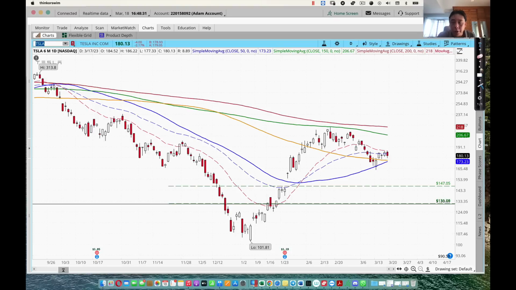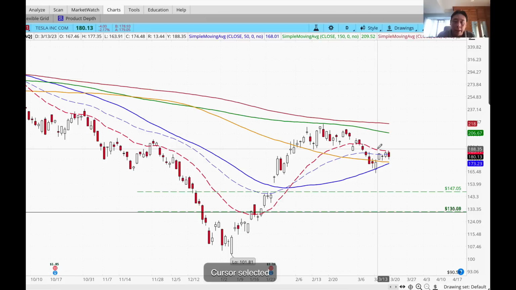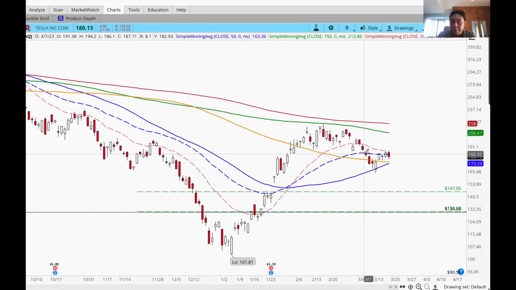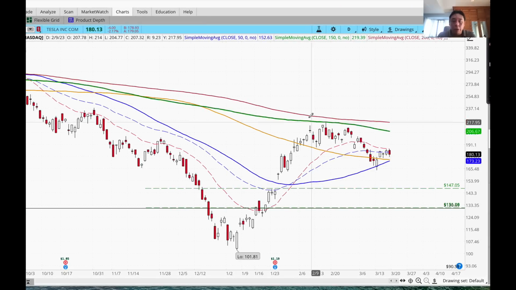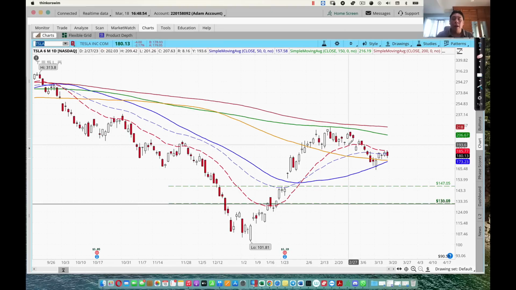Why not very bullish? Because, well, the 20 EMA is above the 40 EMA, which means the short-term trend is up, but the longer term trend is not up yet because you can see it's still below the 200 moving average. The 200 is still sloping down, and the 50 moving average in blue is still below the 150 moving average in green. So that's why I keep saying moderately bullish but not super bullish.